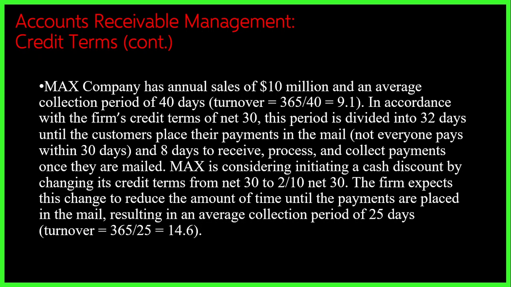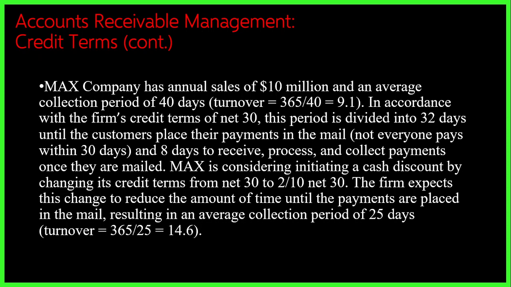Now, this company is considering to initiate a cash discount by changing its credit term from net 30, it's just net 30. This time, they're going to have 2/10, n/30. So, they're now going to provide a discount, which will encourage your customers to pay earlier. Now, the firm expects this change to reduce the amount of time until payments are placed in the mail, resulting in an average collection period of 25 days.